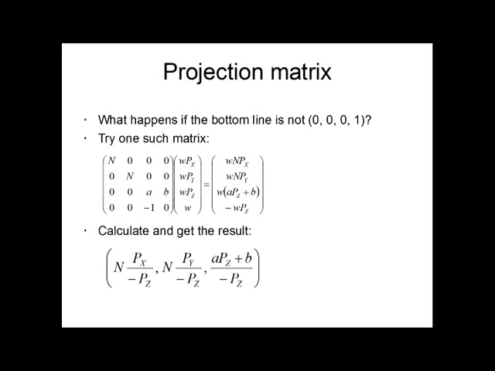We wanted the denominator on all of them to be minus pz, and the reason we wanted the same denominator on all the coordinates was exactly this. We wanted to be able to use this type of homogeneous coordinates, get this division here, and thus use a single matrix multiplication to calculate the projection itself and the pseudo depth as well.